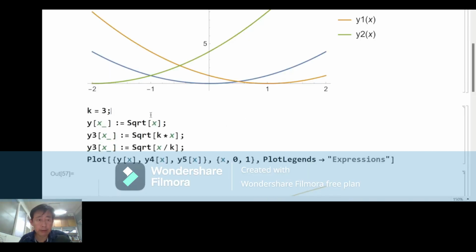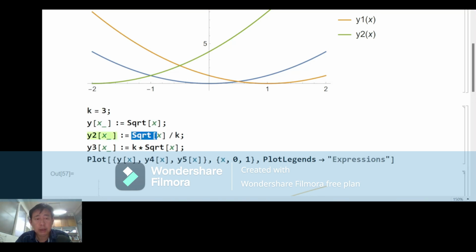Here is the function y2, which I'll define as square root of x divided by k. y3 is the square root of x multiplied by k. As explained in the previous slides, this y3 is a stretched function, and this would be a compressed function.